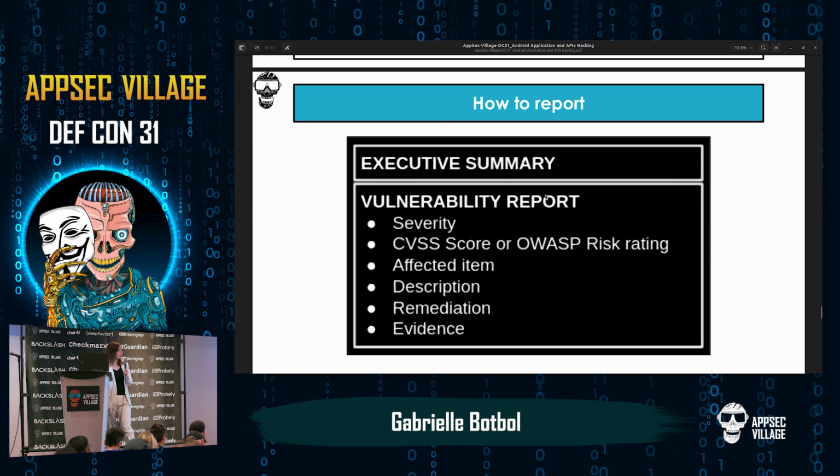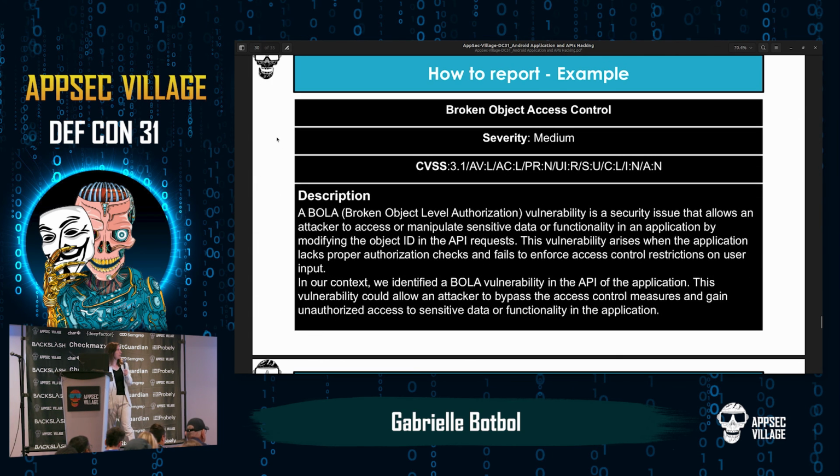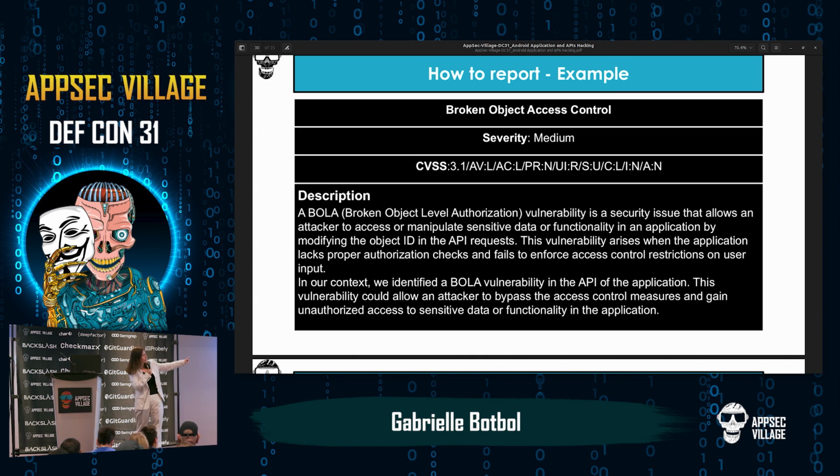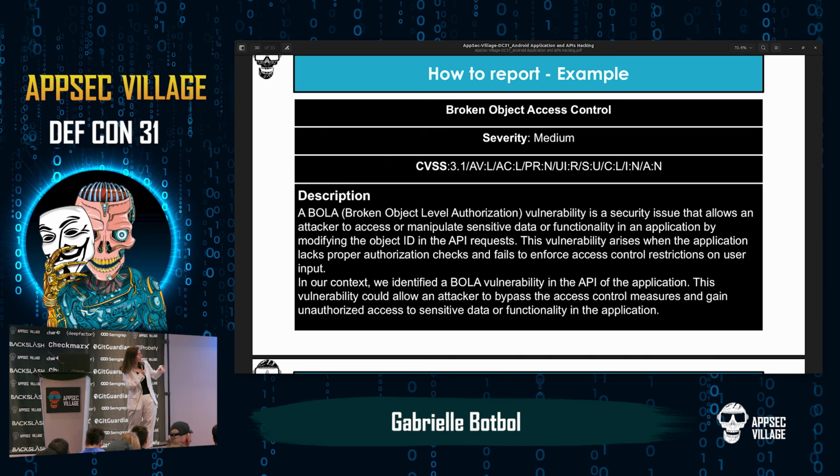So I'm going to show also an example of the vulnerability I mentioned before. Here we have the severity, which you change according to the context and to the application. It can be higher or lower. Then you have the general description, and then you have the context. The context is also very important.